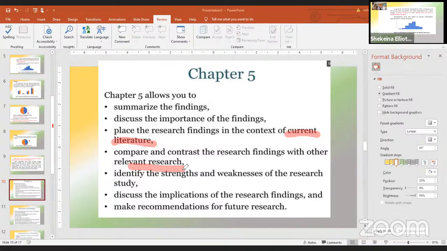Examine the strengths and the weaknesses of the research. Remember, in chapter 1, you would have talked about the delimitation, the limitation. So now you are bringing back that thought. You are bringing the limitation and the delimitation into chapter 5.